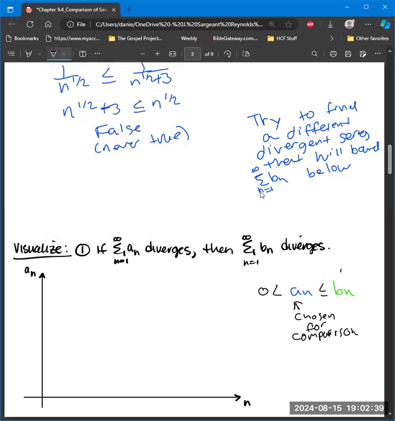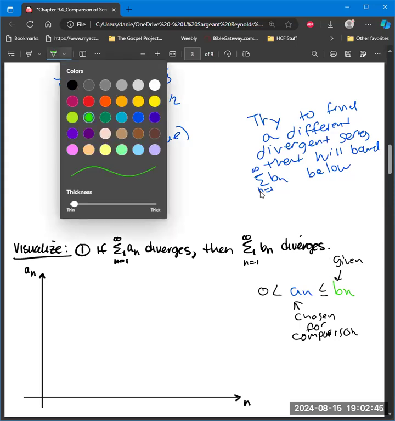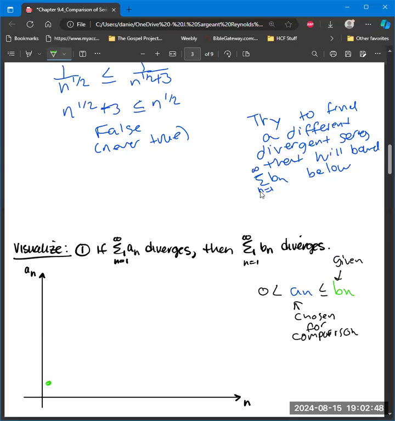Let me say this is the one that's given. And we have bn is maybe going something like this and then rising kind of quickly here, like so. Okay, that it's kind of going like this.